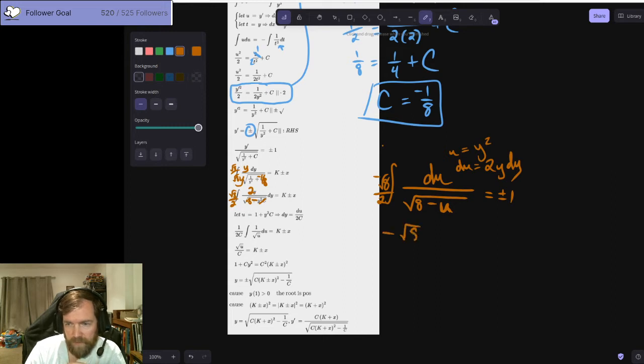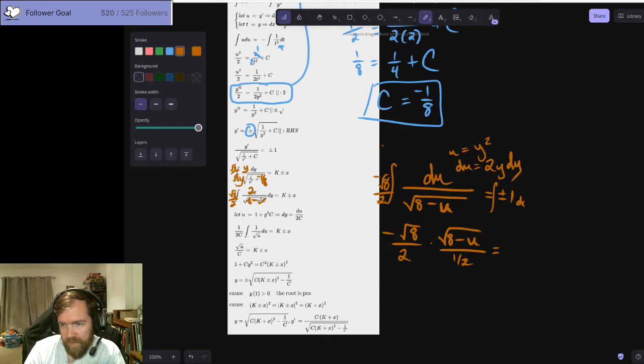So negative root 8 over 2 times the square root of 8 minus u over a half, positive a half. It's going to be equal to the integral dx.